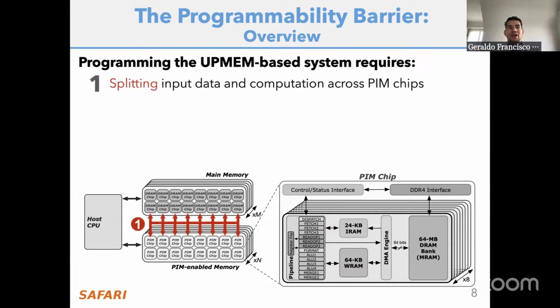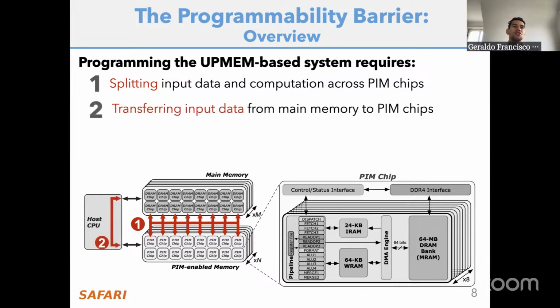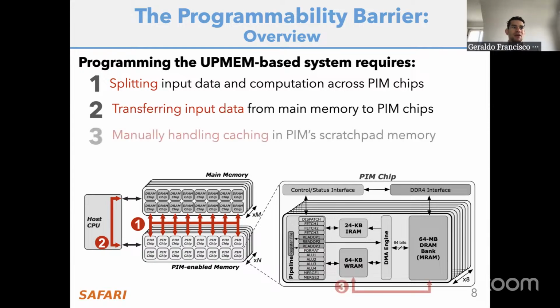For example, if you have two memory address spaces, one for your host applications and the other one for your PIM-enabled applications, you might need to split the input data and the computation across the different memory spaces and across the different processing memory chips. And you need to then transfer the input data from main memory to the processing memory architecture.